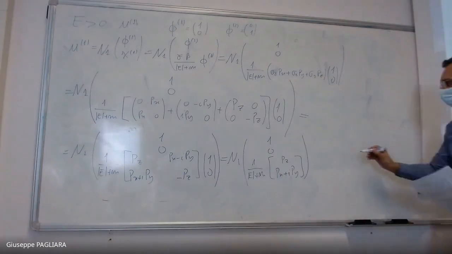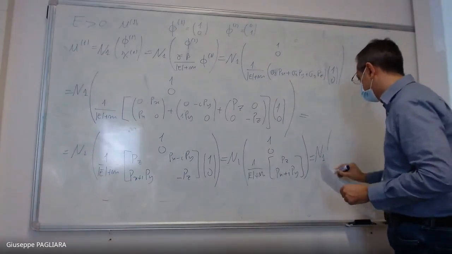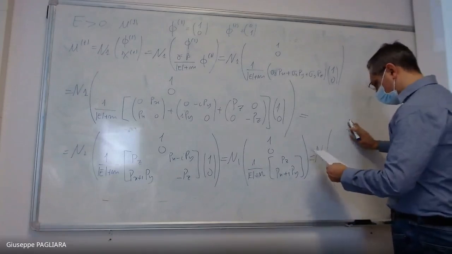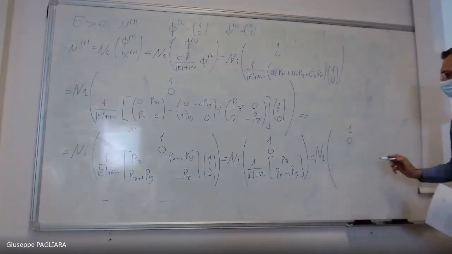And so the last passage is just writing this as a 4-component spinor. So we have 1 for the first component, 0 for the second component.